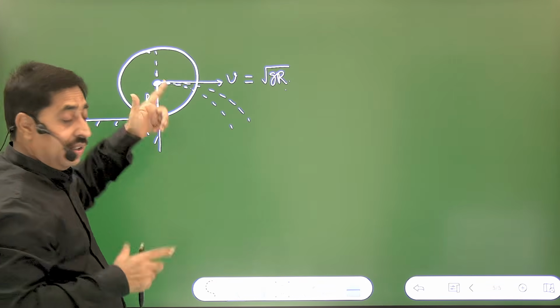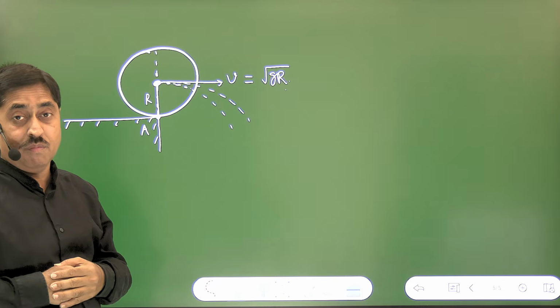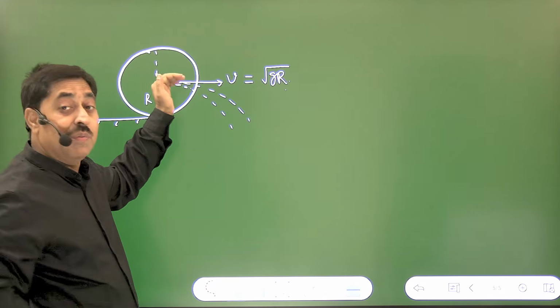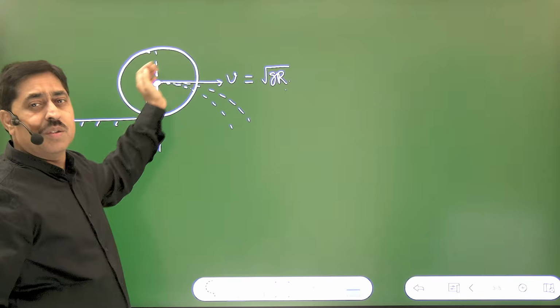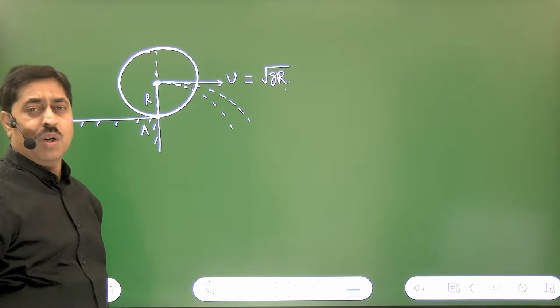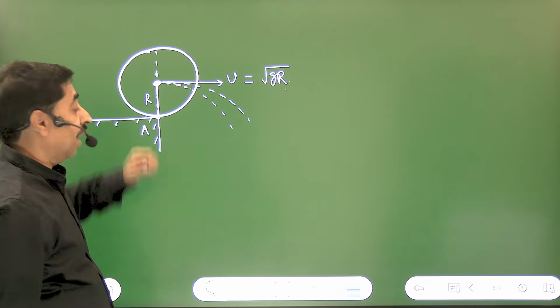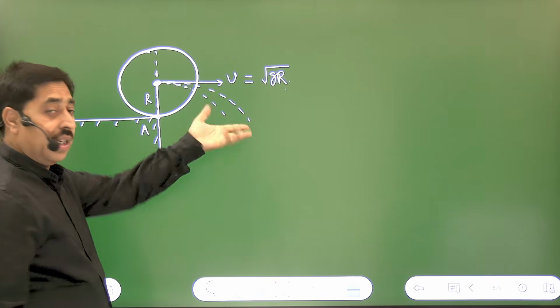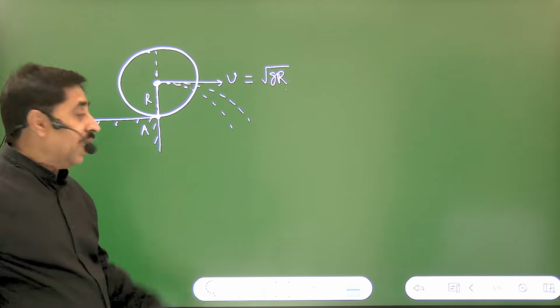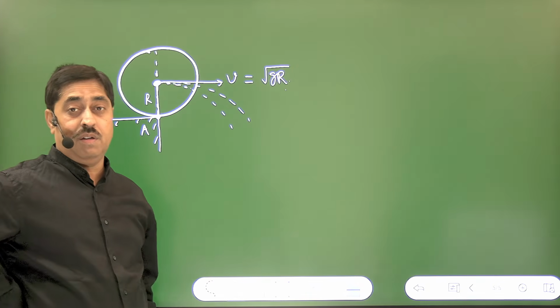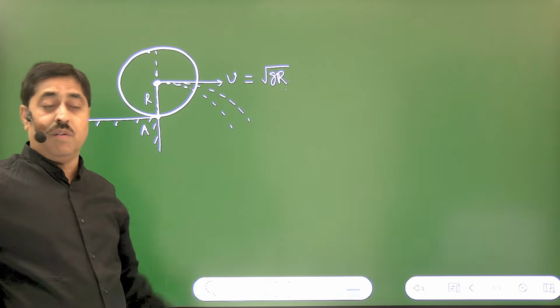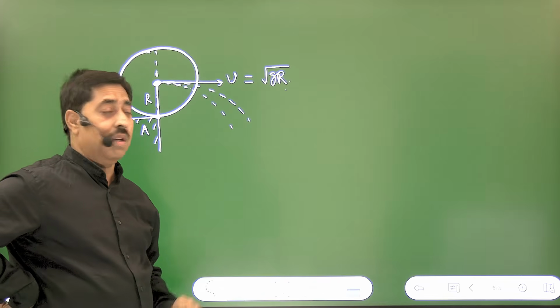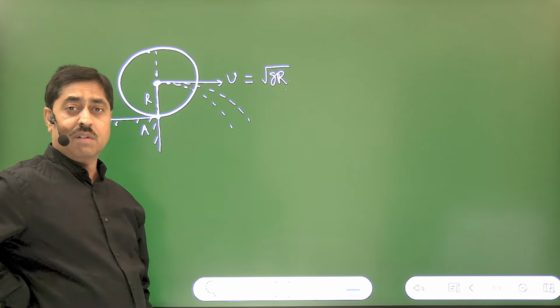This distance cannot change, it is a rigid body. But if you think for a moment that it is moving in a circular path of radius greater than r, it implies only one thing, that this contact has been lost. So yes, this cylinder will fly away. It will just go into the air if this speed happens to be greater than this.